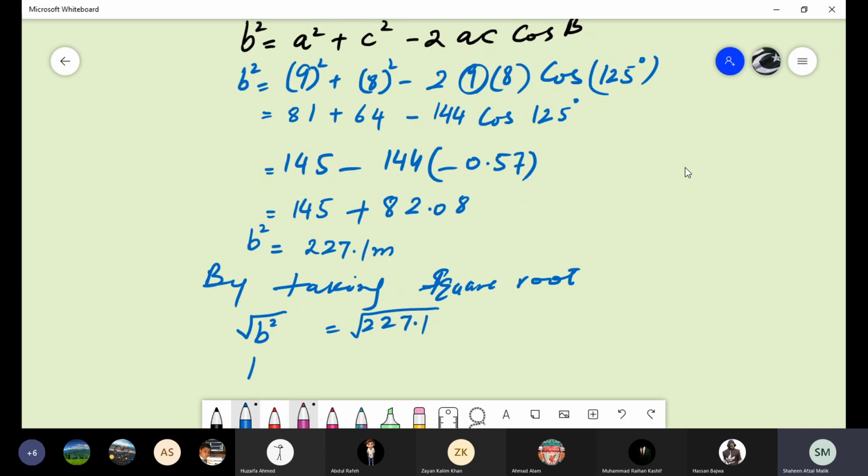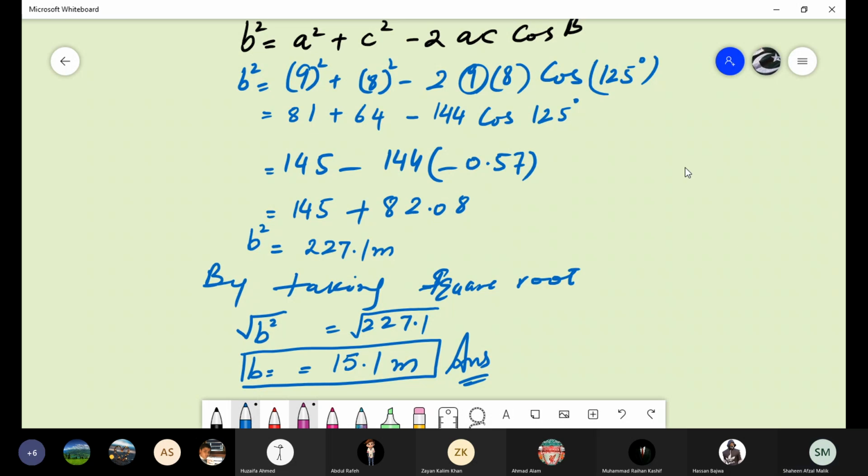So what's the value of b? 15.1 meter. This is your final answer. Or you can write that b is equal to AD, and that is 15.1 meter.